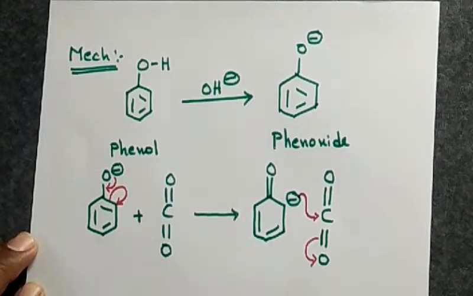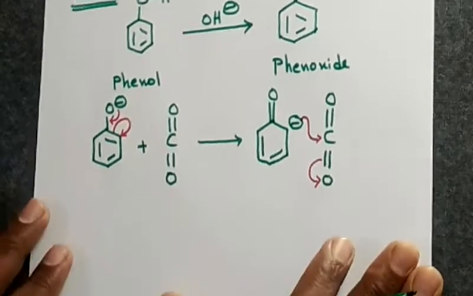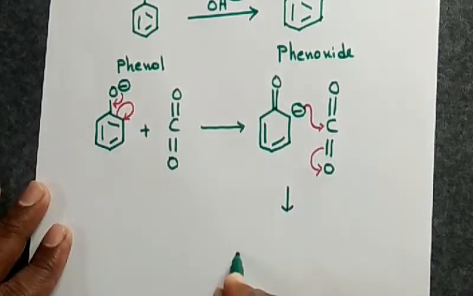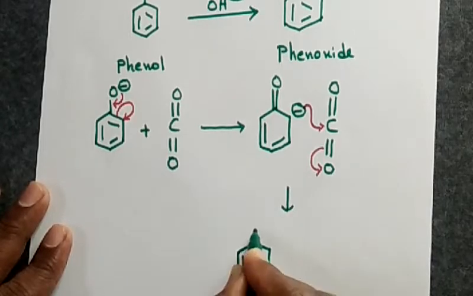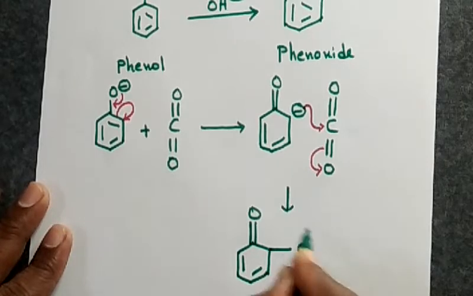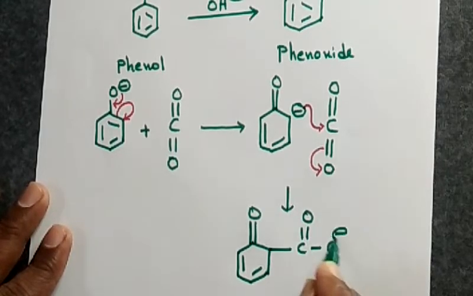Then what happens, if you observe carefully, this bond formation has taken place, no doubt in it. C double bond O, and this is the negative charge that is formed on this oxygen.